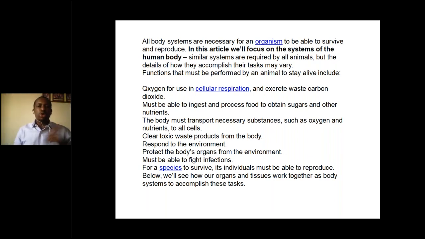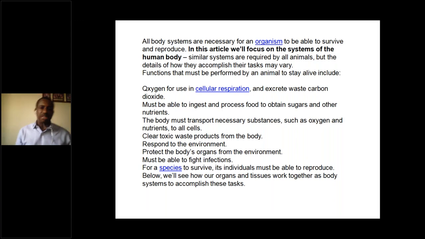The body must also be able to transport necessary substances. So when you eat the food, or even the air you breathe, it must be able to transport it to the necessary cells. Different substances, different enzymes, different hormones, and different nutrients need to be transported in the body system.